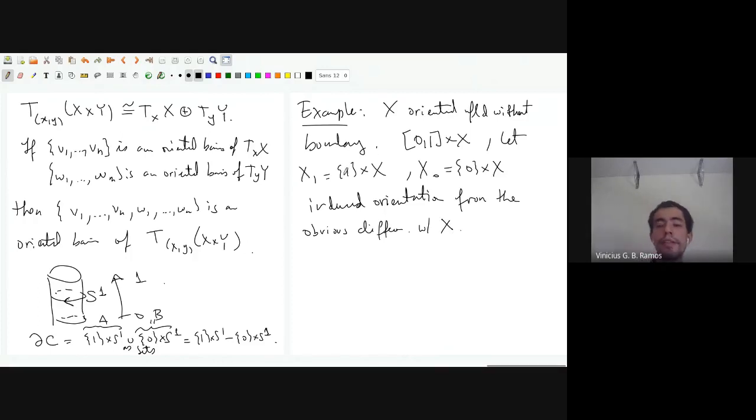They are products of a point and X, so they have an induced orientation just from the product, where a point, when you just write a point, you take it with the positive orientation. Okay. Then the boundary of [0, 1] times X is going to be X1 minus X0.